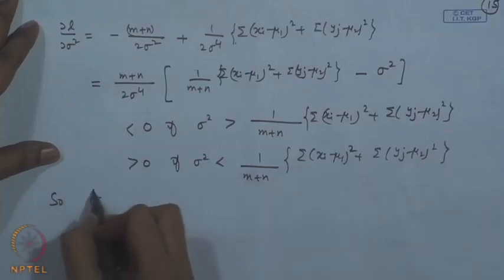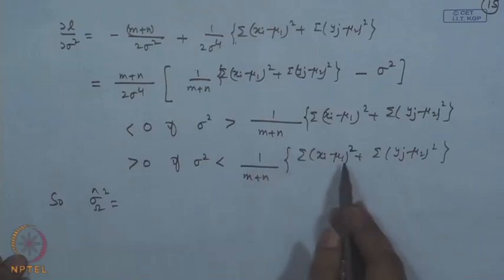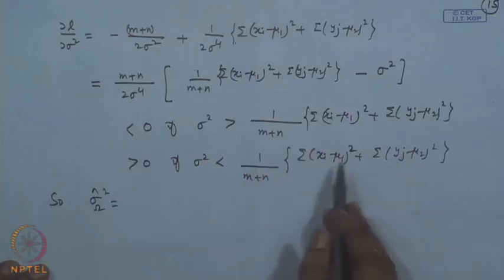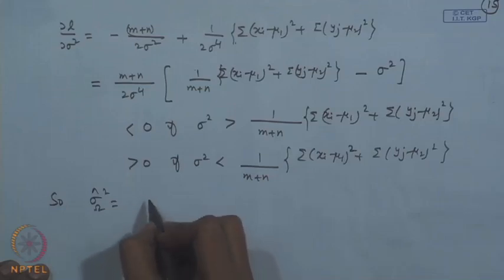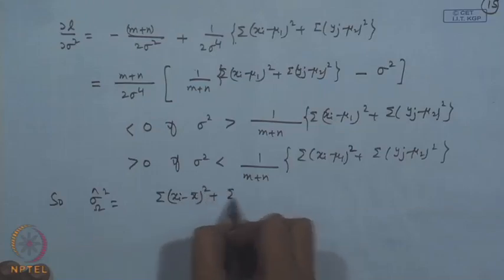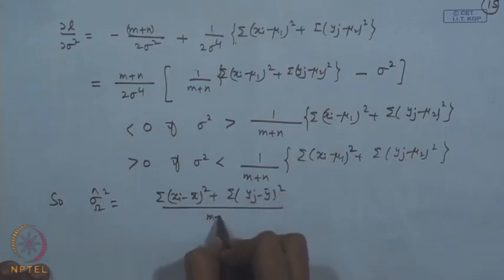So, sigma hat omega square is attained at this value where mu 1 and mu 2 are replaced by their respective maximum likelihood estimators. That means it is attained at sigma x i minus x bar square plus sigma y j minus y bar square, divided by m plus n.